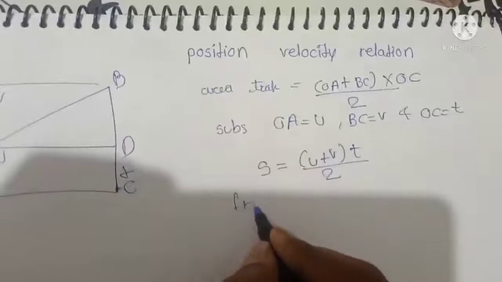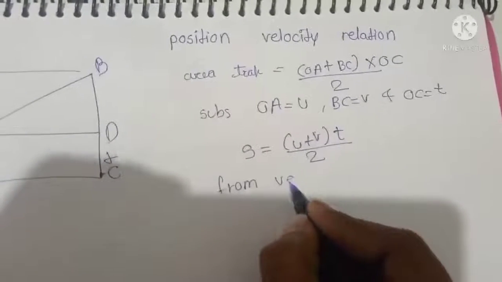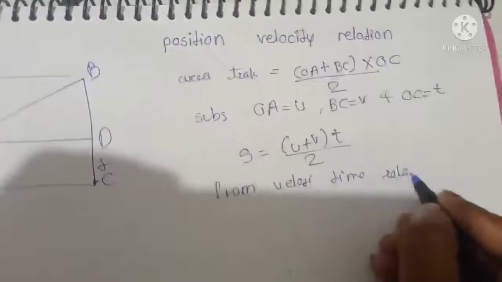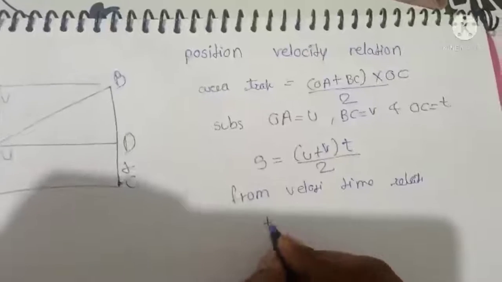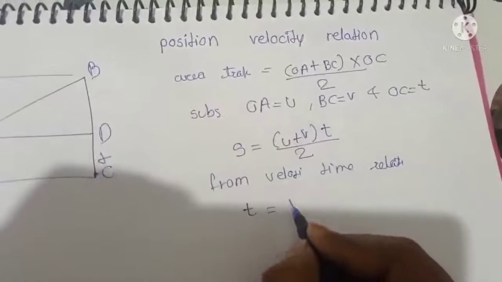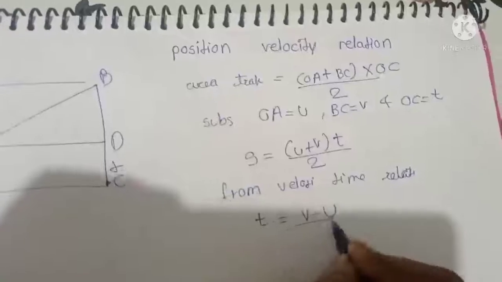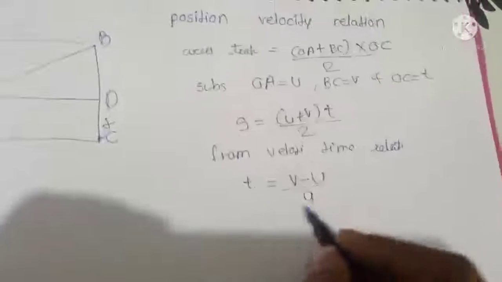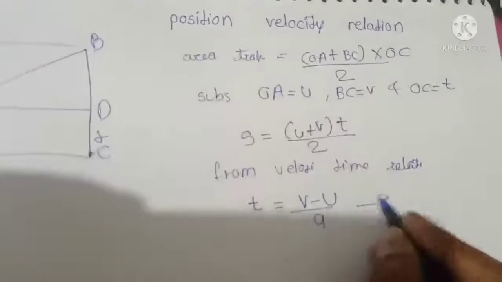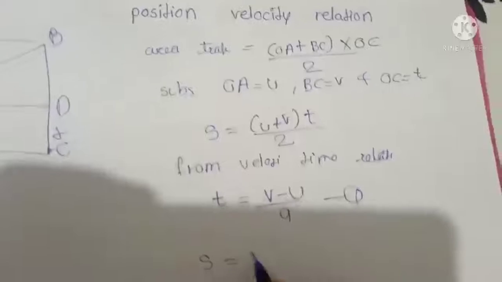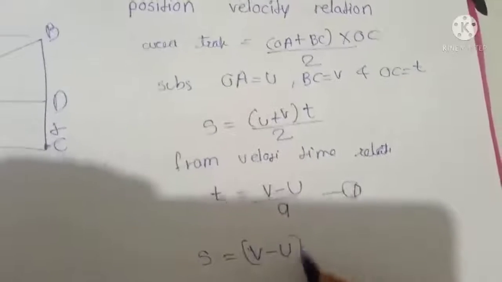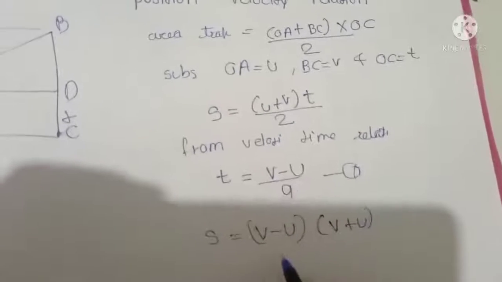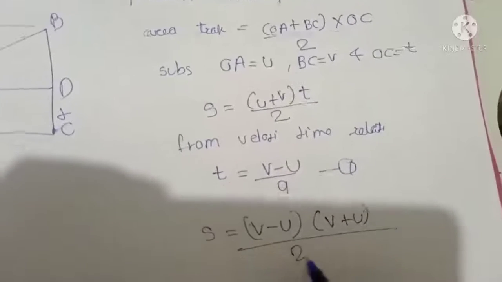From the velocity time relation we get T is equal to V minus U upon A. Using this equation here, we get S equals V minus U into V plus U upon 2A.